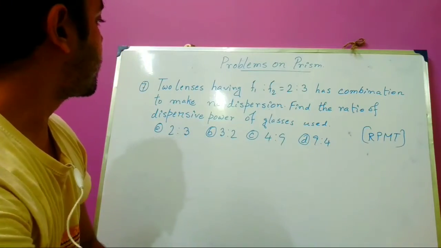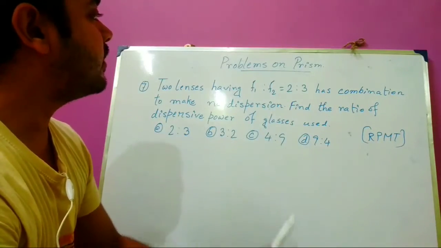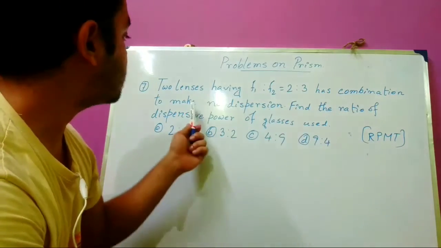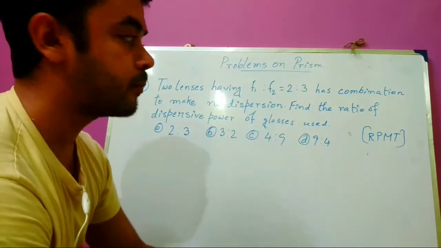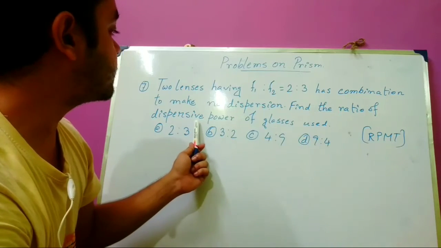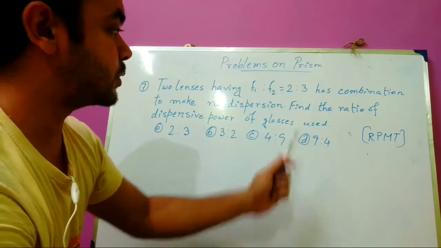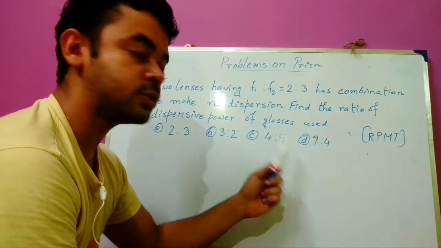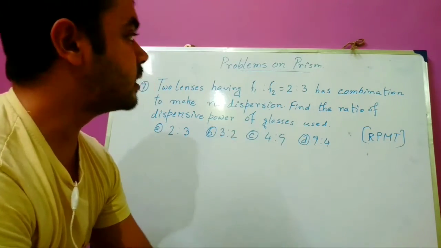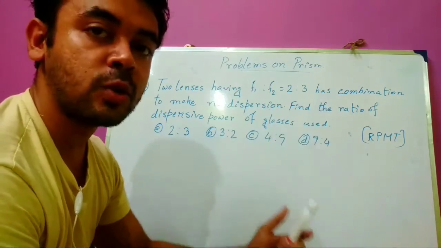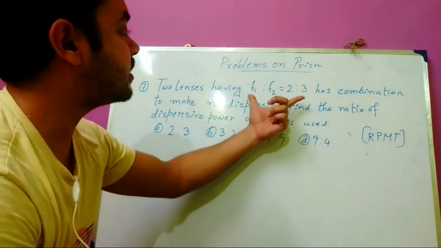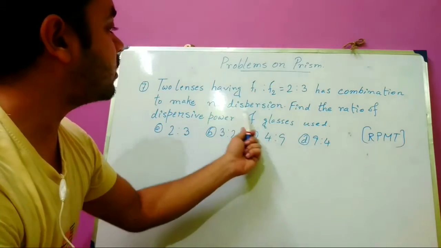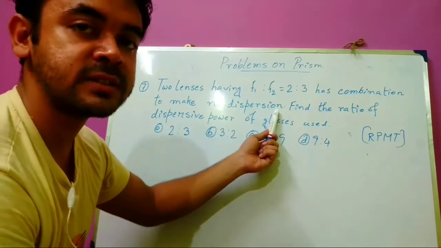Question number 7. Two lenses having the focal length in the ratio 2:3 have a combination to make no dispersion. Find the ratio of dispersive power of glasses used. Four options are given: 2:3, 3:2, 4:9, 9:4. In this question, two lenses are placed in combination and their ratio of focal length is given 2:3, and the most important condition is of no dispersion.